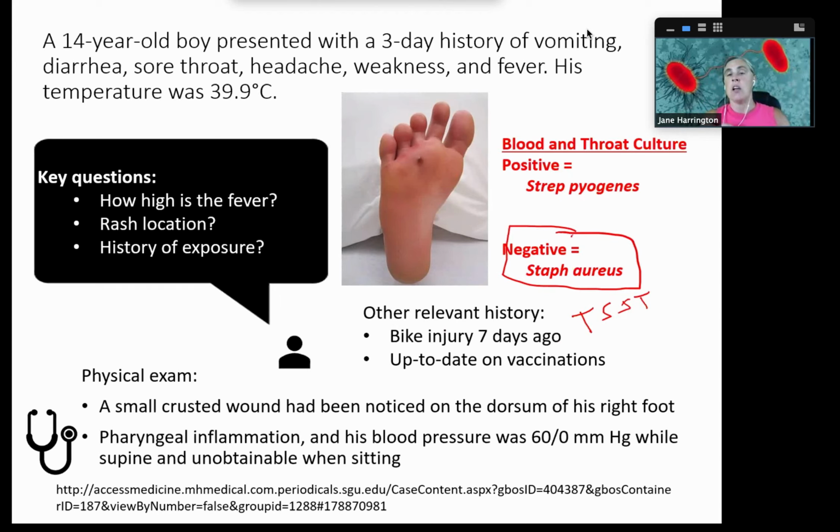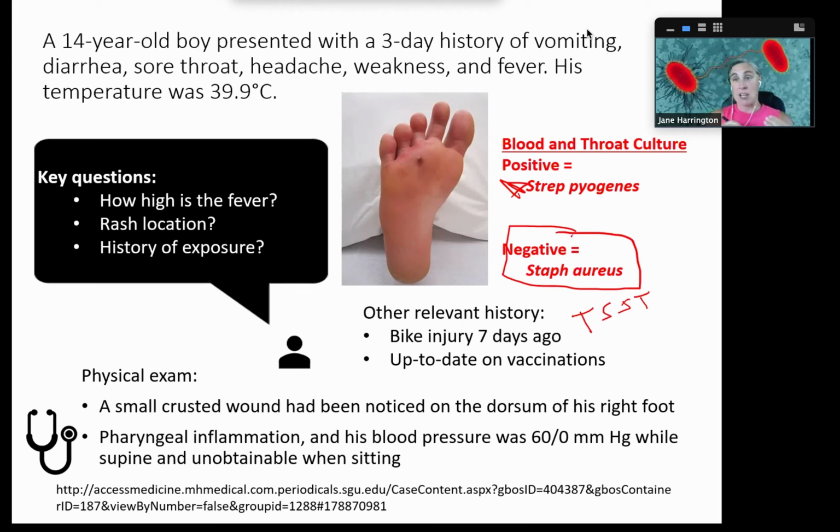In the case of Strep pyogenes, it also releases a superantigen, called SPE, but it's not very stable. If the bacteria got in from the wound, which you can absolutely have with Strep pyogenes, then the bacteria has to be present in the blood or it might be in the throat. So if the blood culture and throat culture are positive, that would turn this case into Strep pyogenes.